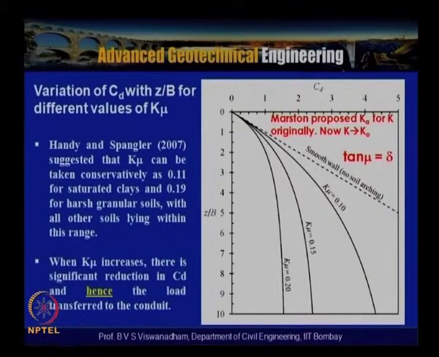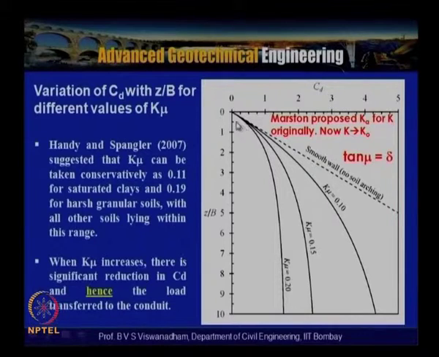Now let us look at the variation of CD with Z by B for different values of K mu. This particular graph shows CD plotted on the x axis from 0 to 5, that is the load coefficient, and Z by B, where Z is equal to 0 at the ground surface. For no soil arching, the smooth wall, you can see this particular curve tends to be somewhere here.